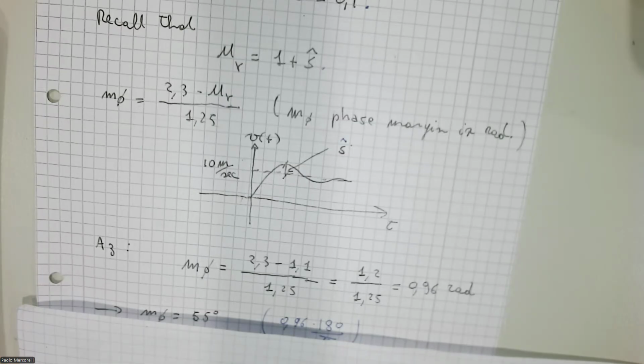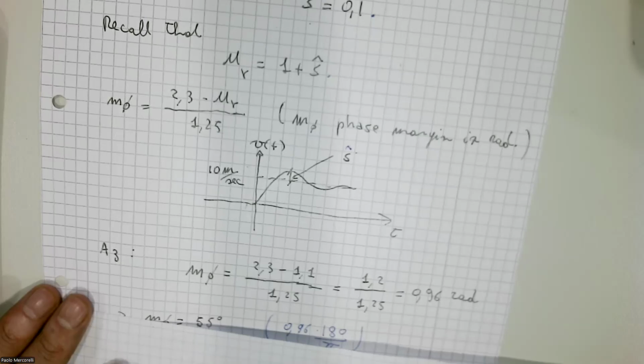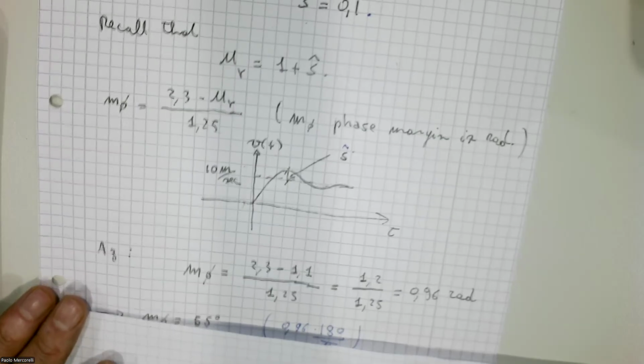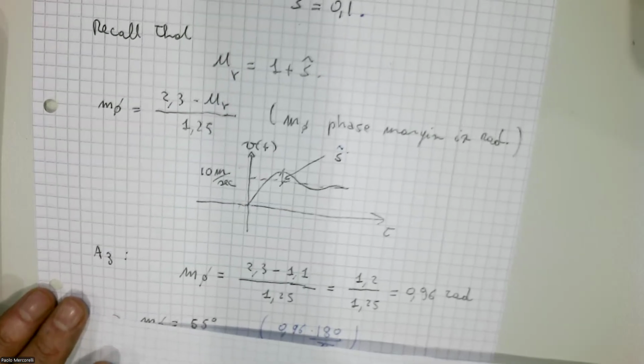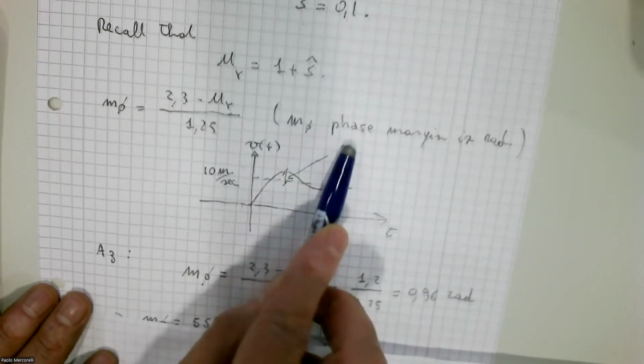And not only, we have to guarantee the margin with respect to this frequency, because the Bode theorem is not only a measure of the stability, but is a measure of the oscillation.